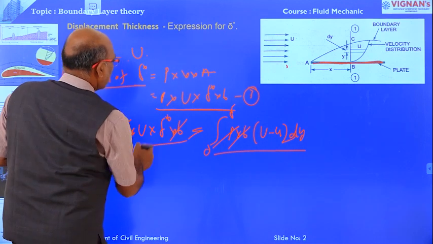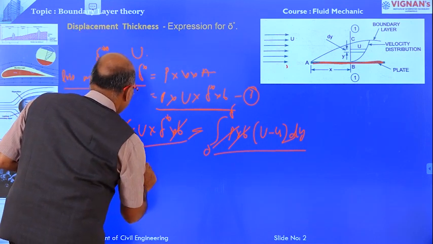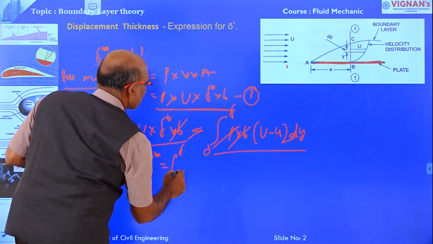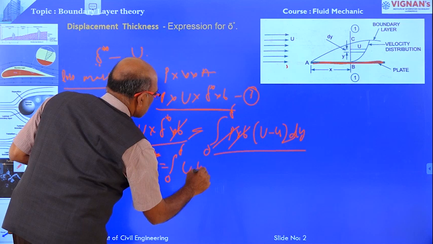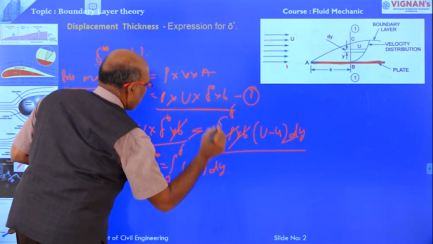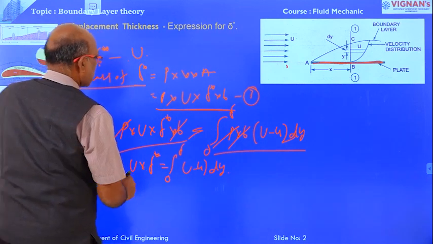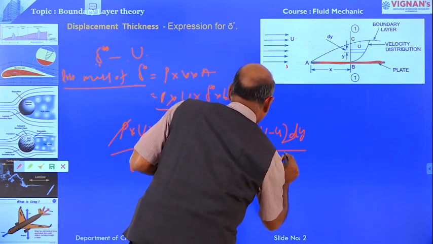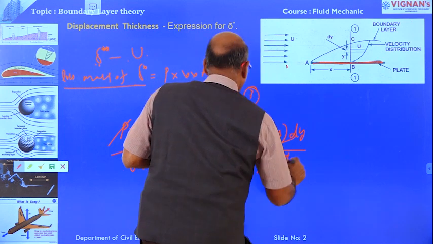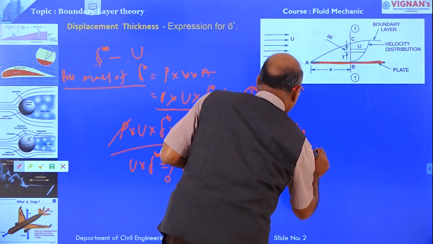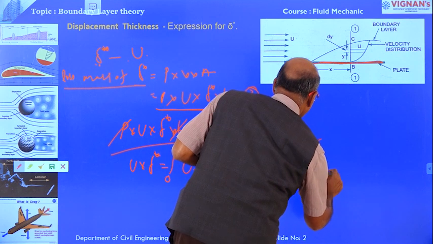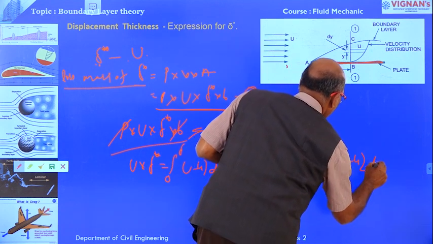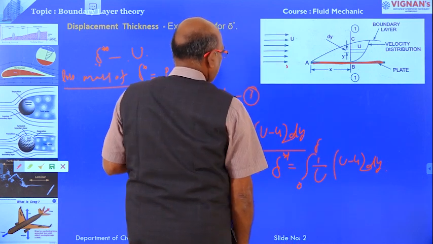We have capital U into delta star equal to the integral from 0 to delta of capital U minus small u into dy. Then delta star is equal to the integral from 0 to delta of 1 by capital U, bracket open, capital U minus small u, dy, right.